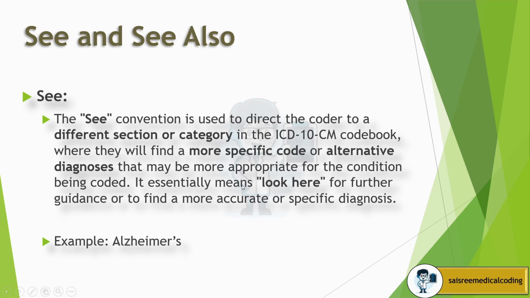It essentially means look here for further guidance or to find a more accurate or specific diagnosis. In simple terms, the "see" convention is the mandatory convention. For example, if you are looking for Alzheimer's, if we look directly at the word Alzheimer's, we will not get a code. It will instruct you to look in a different way to get an accurate, appropriate code. I'll show you this particular "see" convention example.